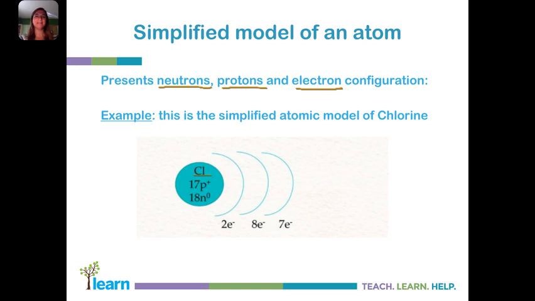So in chlorine, there are 17 protons, as it is its atomic number. There are 18 neutrons, and this is the distribution of the electrons on each of the electron shells: 2 on the first shell, 8 on the second, and 7 on the third.